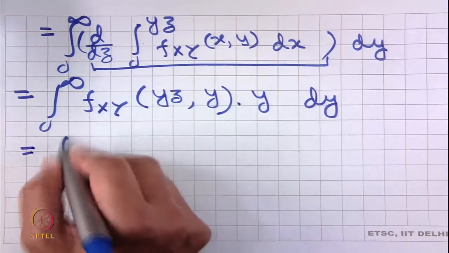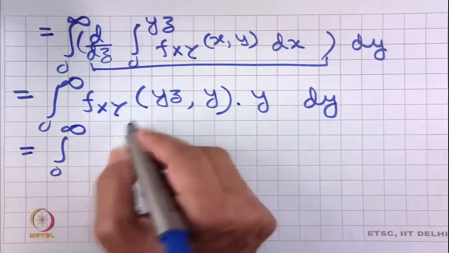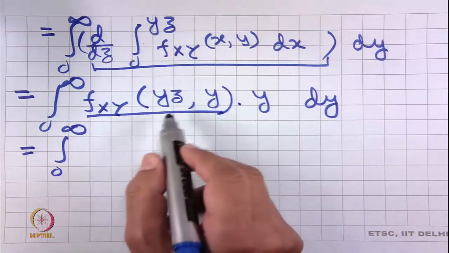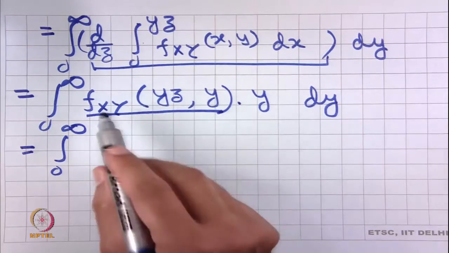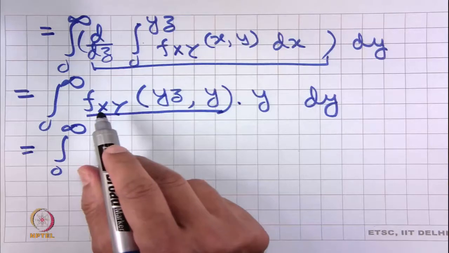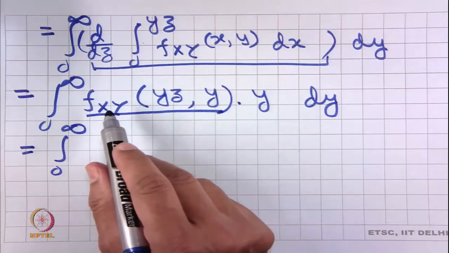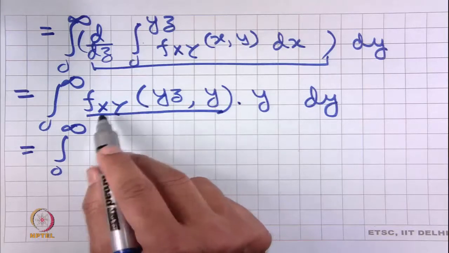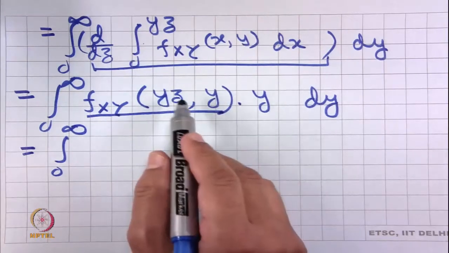is equal to integral 0 to infinity. What is f(x, y)? X is exponential with lambda and Y is also exponential with lambda, and they are independent.